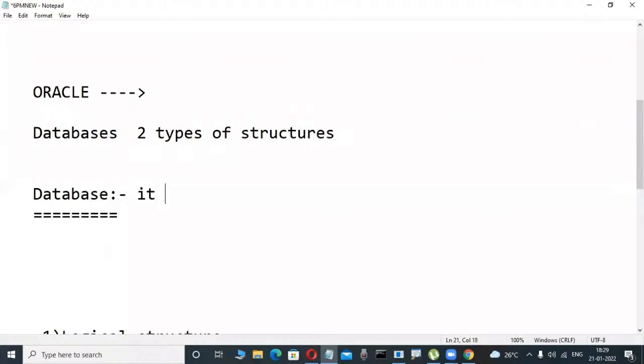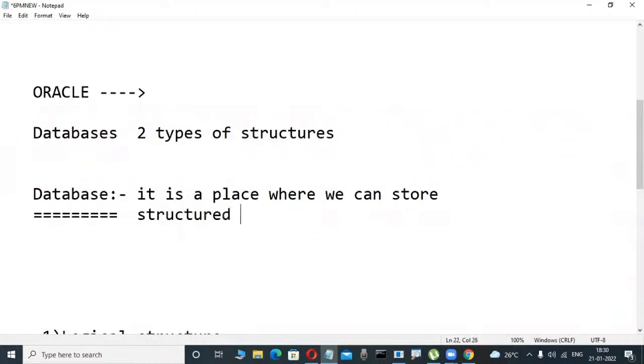Anybody observing in Google or in books, it is a place. Don't read it. It is a place in a computer system where we can store a structured collection of data. They are telling only that. What is data?